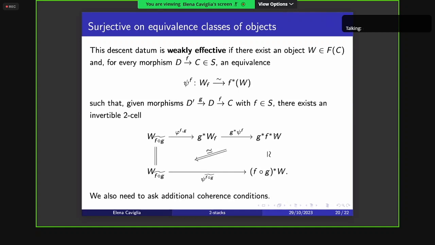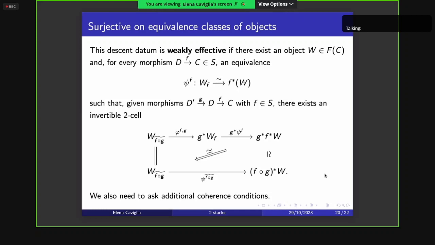Again, this condition looks similar to the cocycle condition. The only difference is that here we have an equality instead of an isomorphism. Moreover, we need some additional coherence conditions, again given by the coherence axioms of a tree transformation.